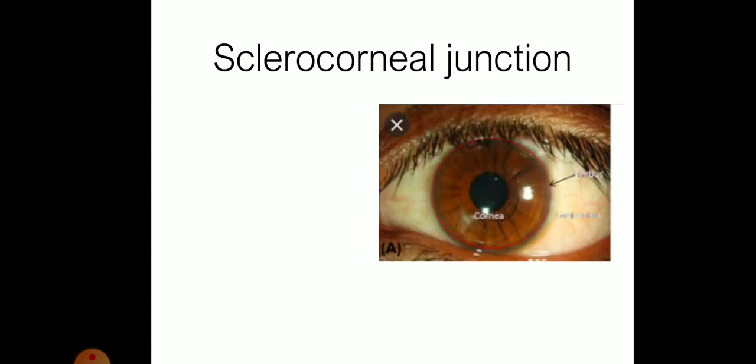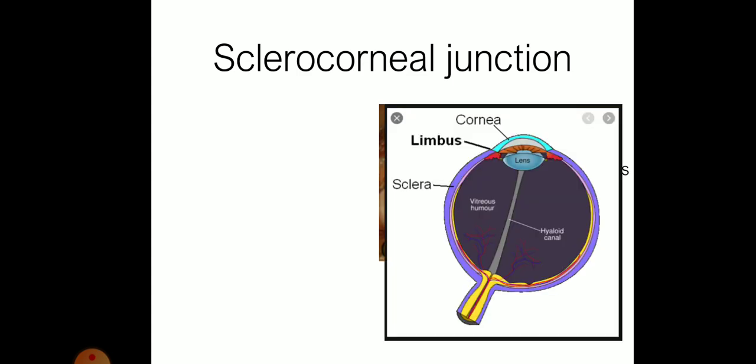Okay, so now about the sclerocorneal junction. When you look from the anterior, it is a circle at the junction of the sclera and cornea, and it is called the limbus. At this junction of sclera and cornea, there is a slight depression.